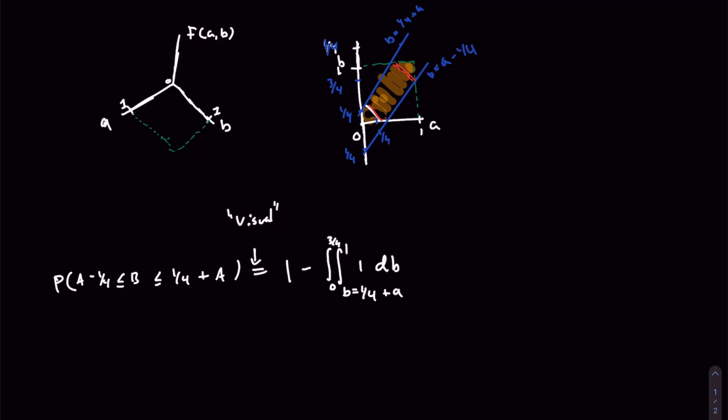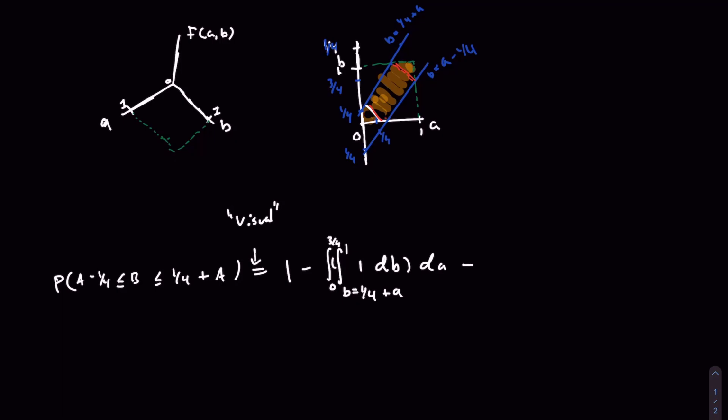This 3/4 here, as you see, I haven't drawn this figure purely symmetrically because this 3/4 should be up here, but you get the point. Okay, now there should be a parenthesis like so, and then there's a dA.